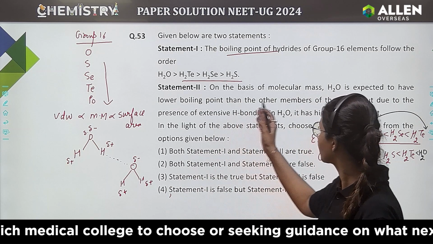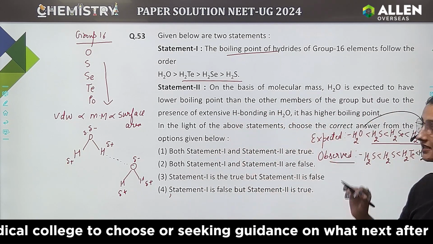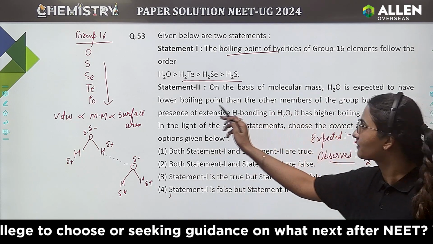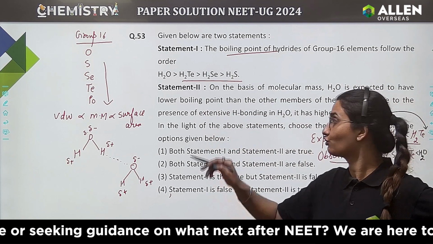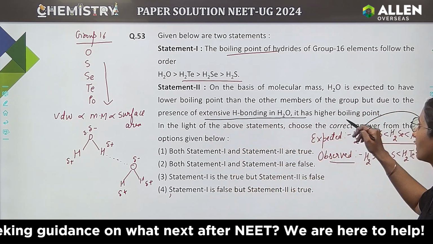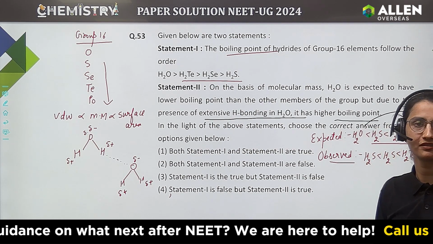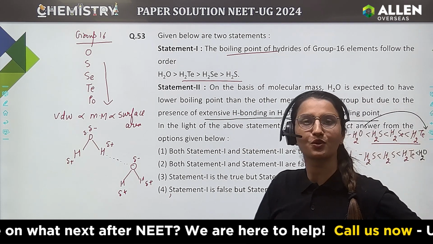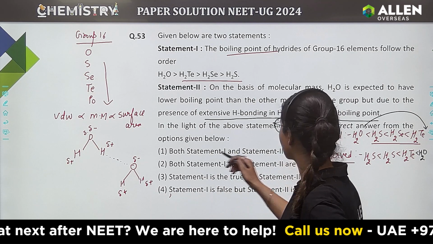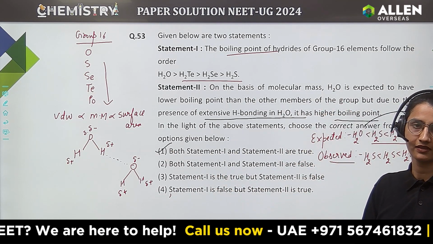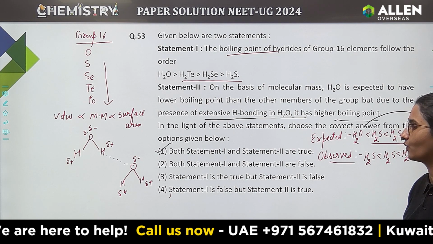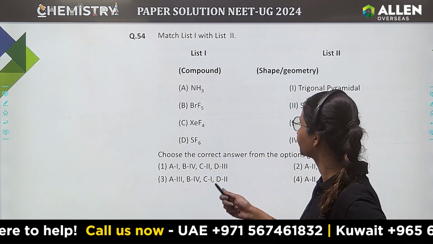So this explanation also seems apt. See, H2O is expected to have lower boiling point than other members, but due to extensive hydrogen bonding, it has higher boiling point. So correct. So what is the answer, students? Both statement 1 and 2 are true. Right, students? Okay, let's proceed.